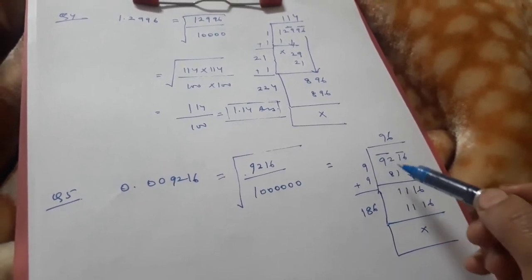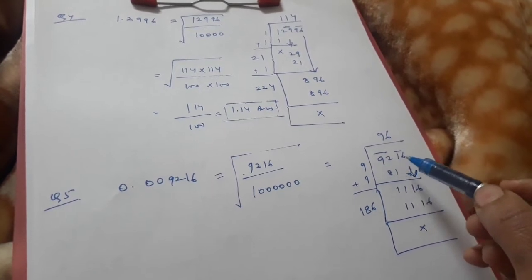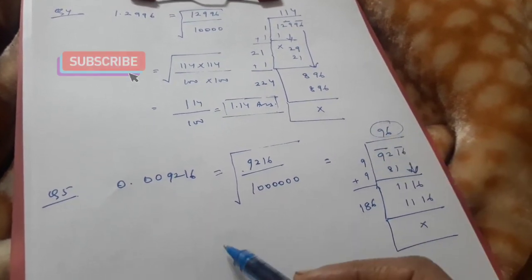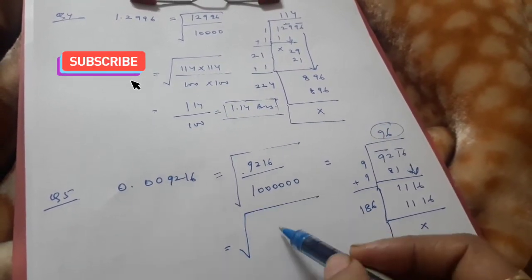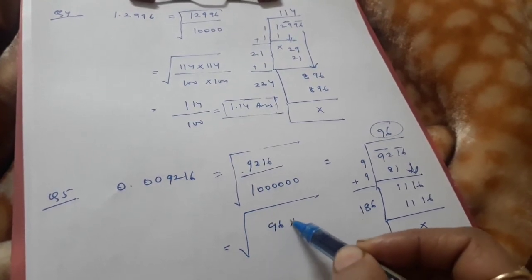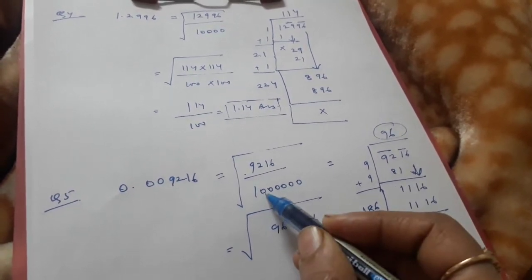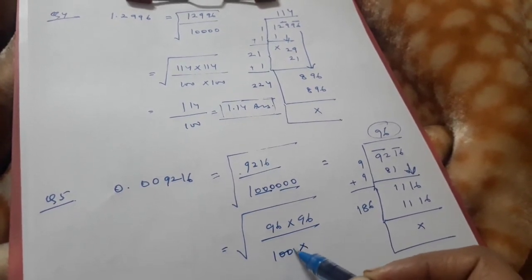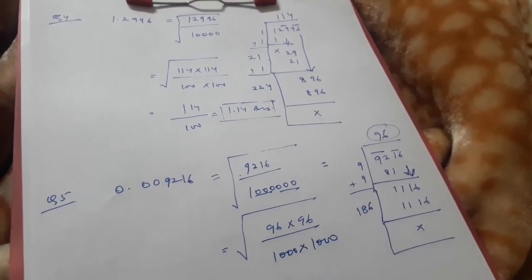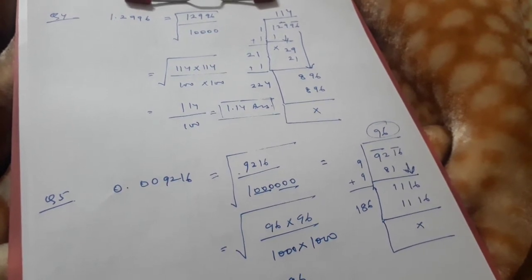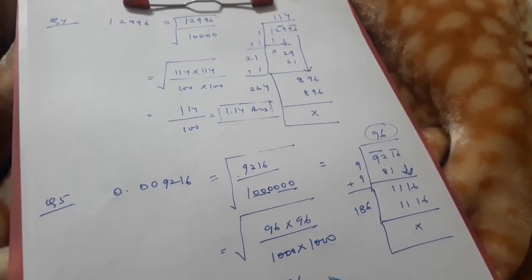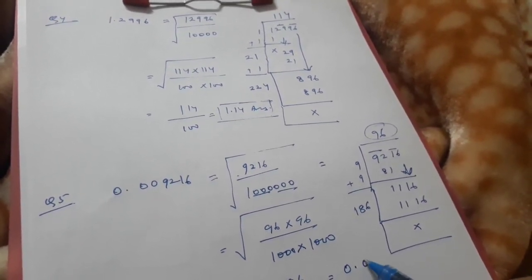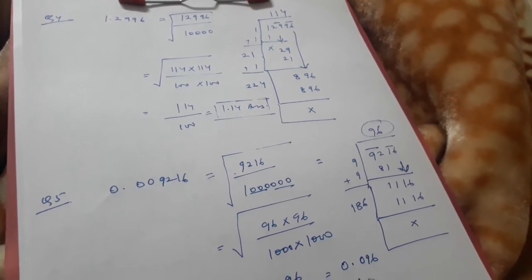So the square root of 9216 is 96. So we can write it as 96 into 96, and splitting it, the answer would become 96 by 1000, which would be equal to 0.096, which is our answer.